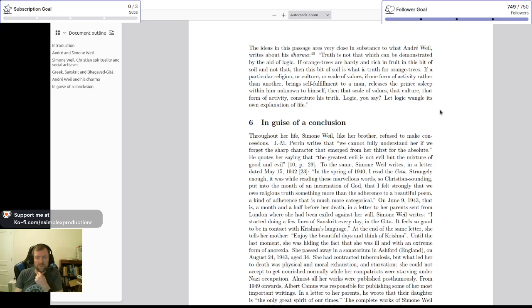If a particular religion or culture or scale of values, if one form of activity rather than another brings self-fulfillment to a man, releases the prince asleep within him unknown to himself, then that scale of values, that culture, that form of activity constitute his truth. Logic, you say? Let logic wangle its own explanation of life.